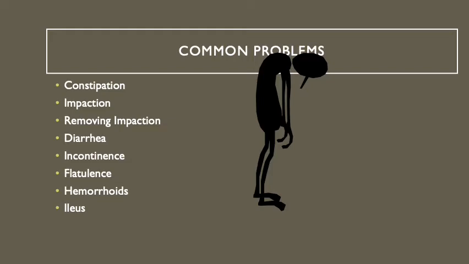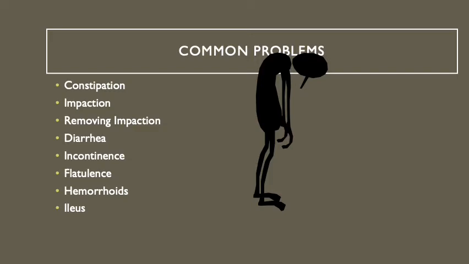They may have some liquid stool seeping around it, so there may be a little continuous expelling of liquid stool, but that hardened mass is actually obstructing normal bowel elimination, and this can become a significant and serious problem. So removing the impaction will be done digitally.